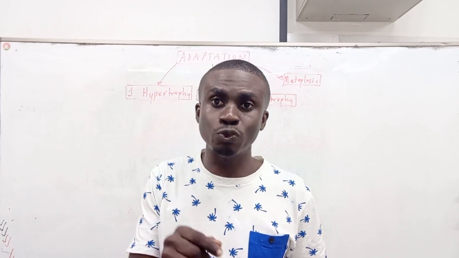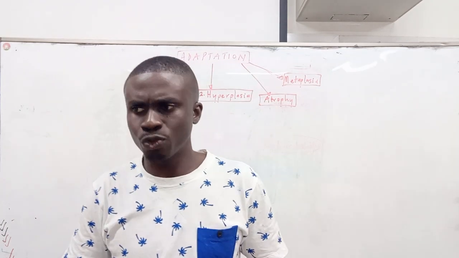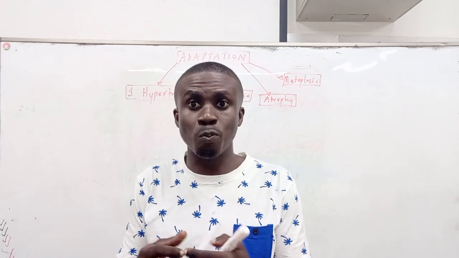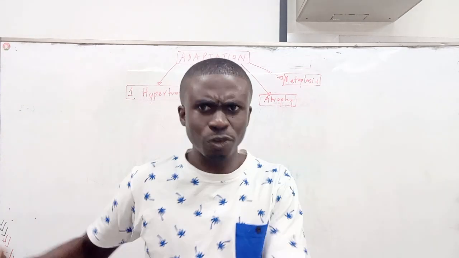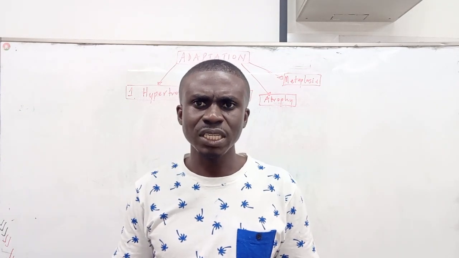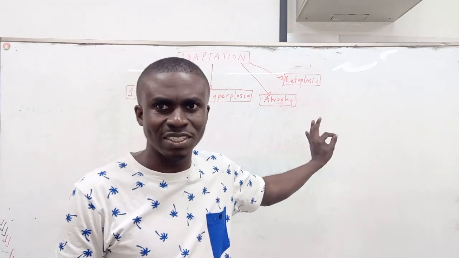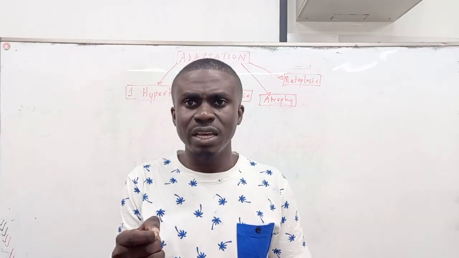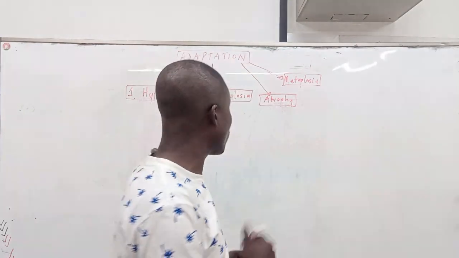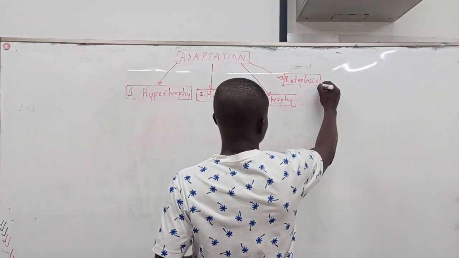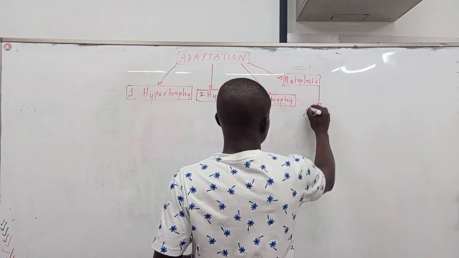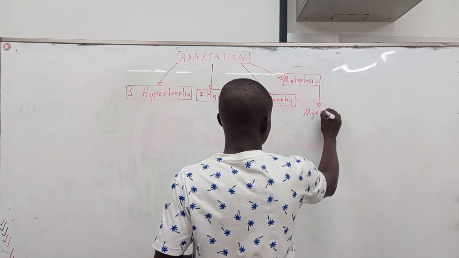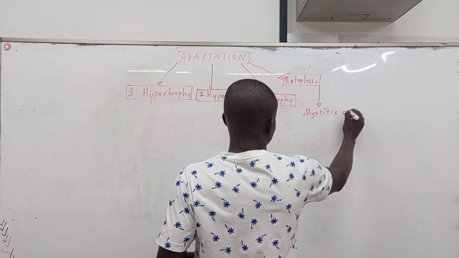Okay? The muscle too shows some kind of metaplasia. So if you are using it for something which the bone is supposed to do, putting a lot of stress on it, sometimes these muscle fibers may change to become bony. Yes. Typical example, the name we call it myositis ossificans.